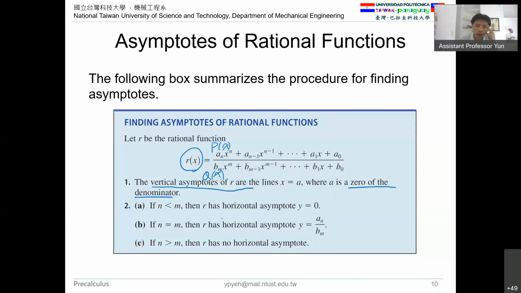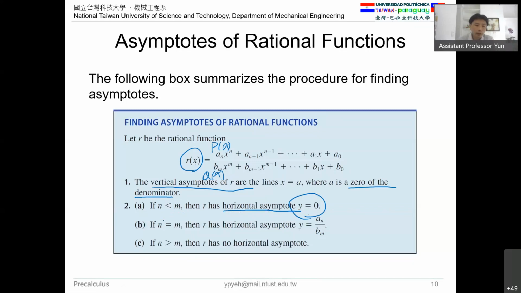In the case of horizontal asymptotes, we look at the degrees of the polynomials in the numerator and the denominator. When the degree of the numerator is less than the degree of the denominator, the horizontal asymptote is y equals zero.